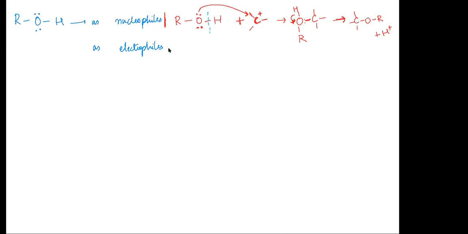Now, when we look at the reactions where alcohols act as electrophiles, now what is happening is when you have RCH2OH, so in the presence of, like let's say H plus, a species like H plus, what is happening is this lone pair of electrons attracts H plus and you'll get this intermediate.